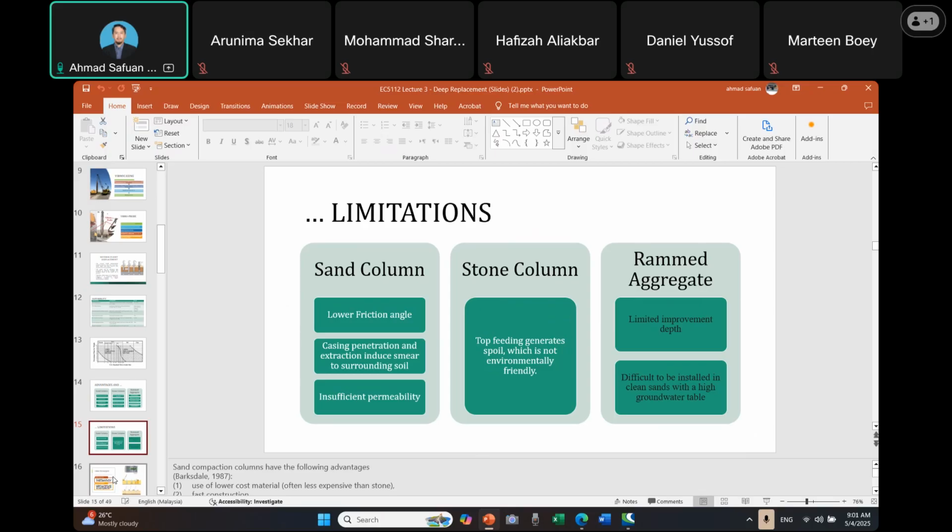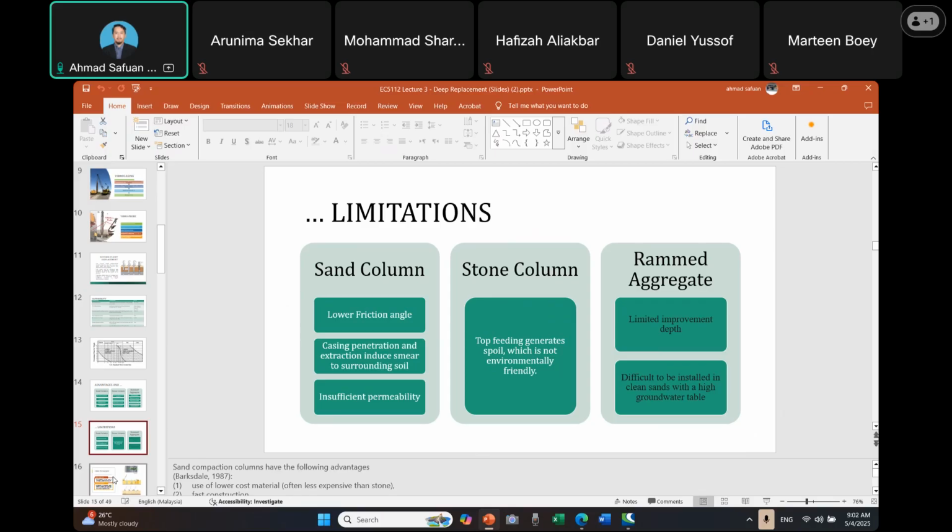This disturbance can be considered as smear, and it can reduce the strength nearby the surrounding soil during the installation of the sand column. It depends on the type of the sand. If the sand is very fine, it can contribute to insufficient permeability.